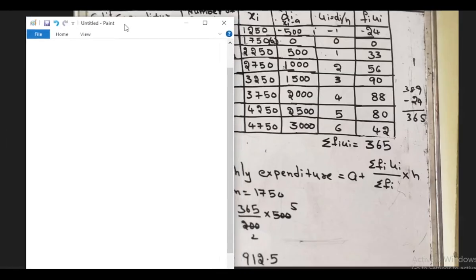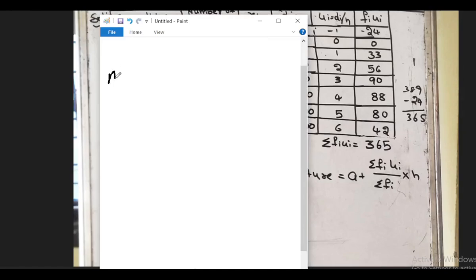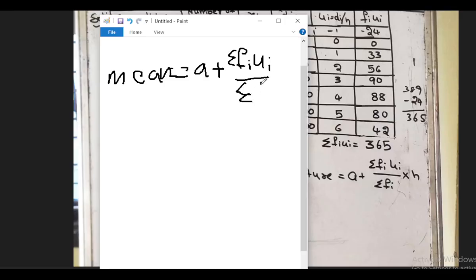So the mean is equal to the mean of the step deviation, equal to A plus sigma Fi Ui by sigma Fi into h.